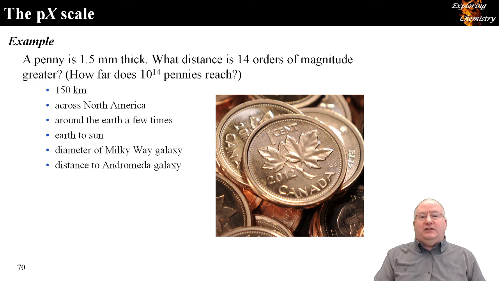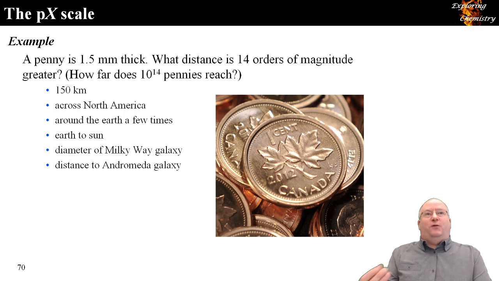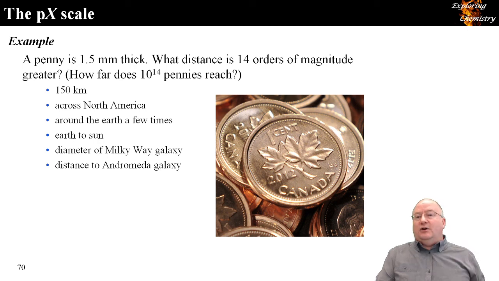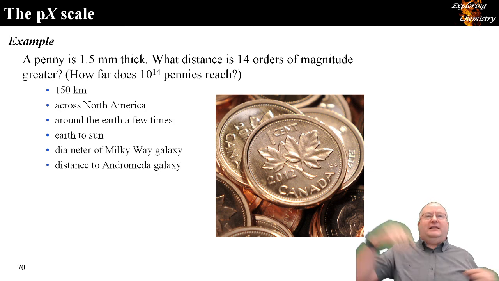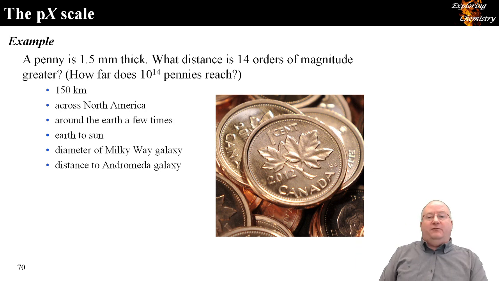To get a pH 0 solution, you just need 1 mole per liter. We'll be doing that calculation next day. To go to the other extreme, to get a pH 14 solution, that's just 1 mole per liter sodium hydroxide. So the things that we can do literally in a beaker is the difference between 1 penny and a stack of pennies from here to the Sun.